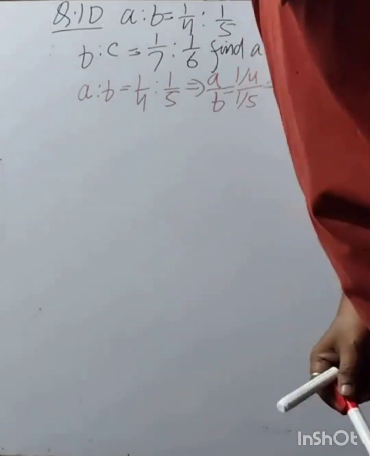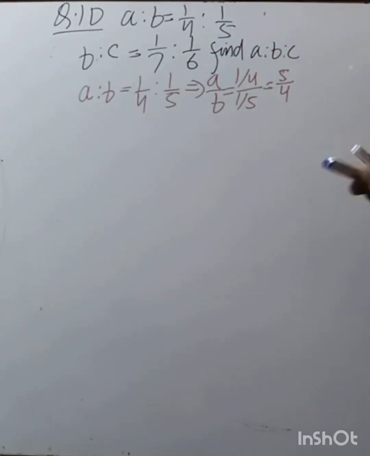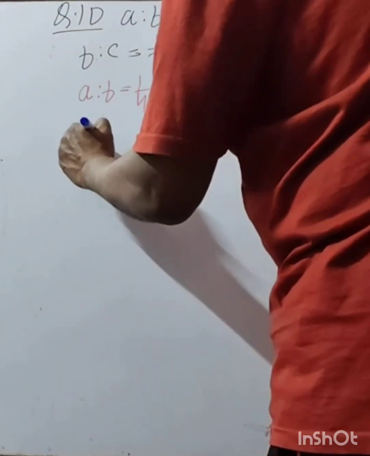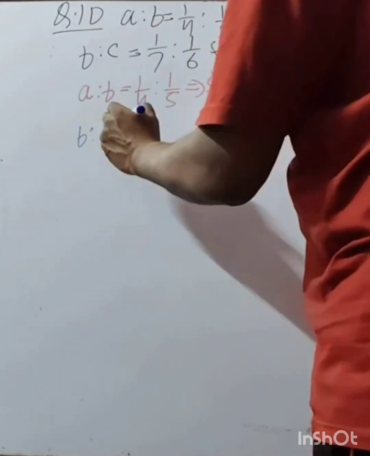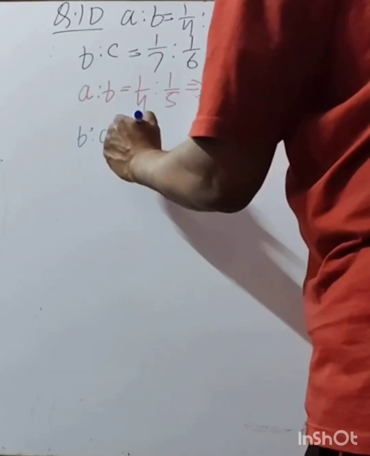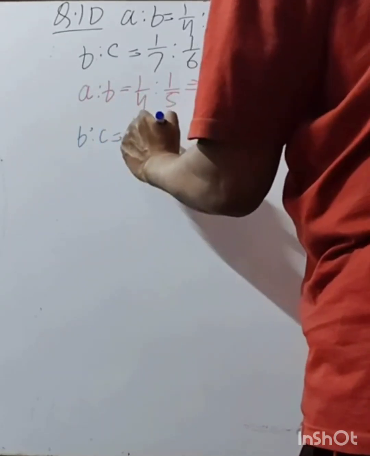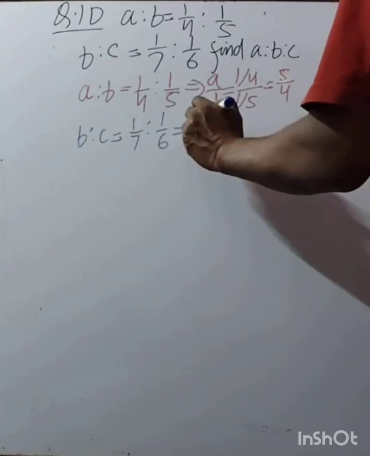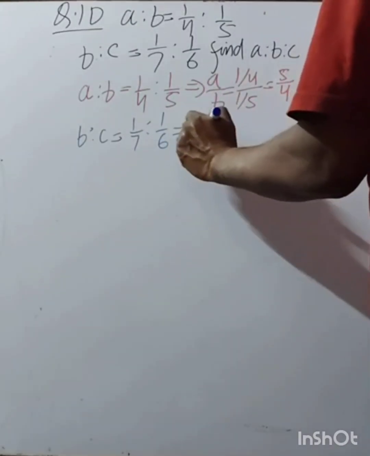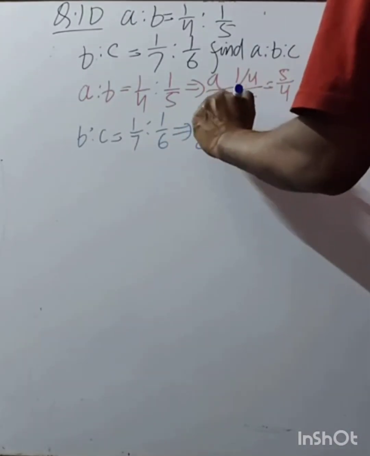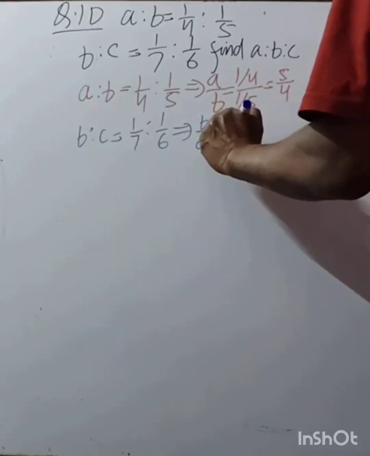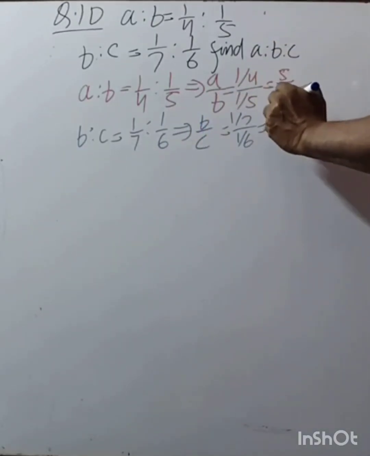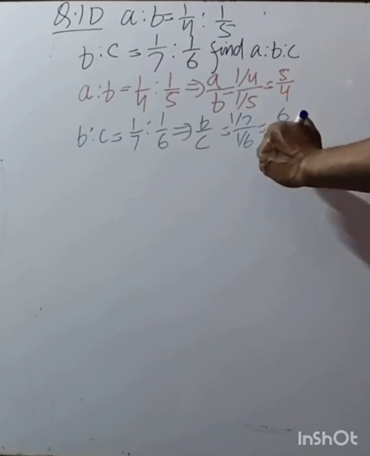And similarly, B ratio C is equal to 1 upon 7 ratio 1 upon 6, so B upon C is 1 upon 7 upon 1 upon 6, which is 6 upon 7, right?